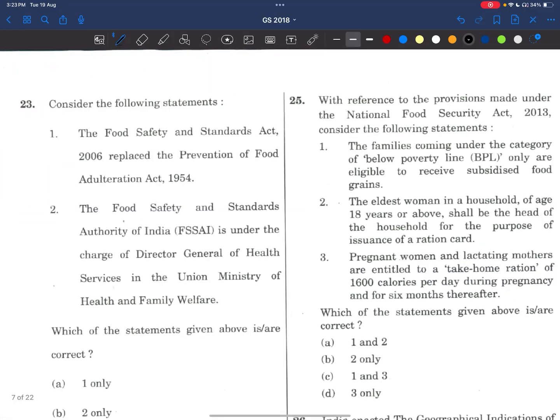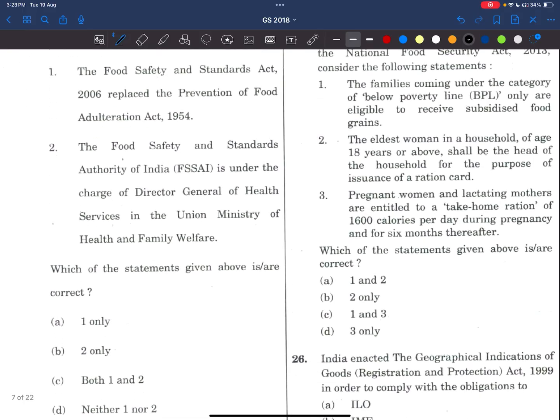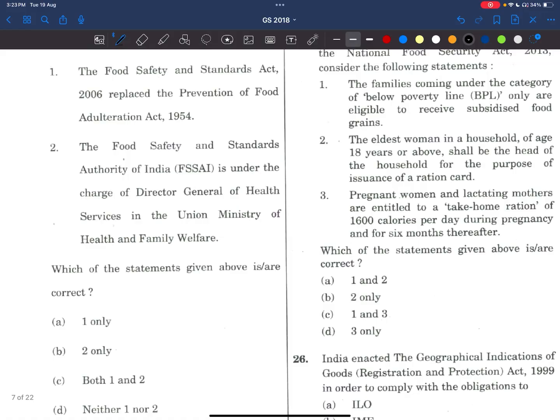Now coming to the 23rd question, consider the following statements. Food Safety and Standards Act 2006 replaced the Prevention of Food Adulteration Act 1954. Sorry friends, yes, it has repealed this act. It is an umbrella act where it took many other acts into it. Okay, it got consolidated. There are many other acts also. See, here it is telling Prevention of Food Adulteration Act, right?